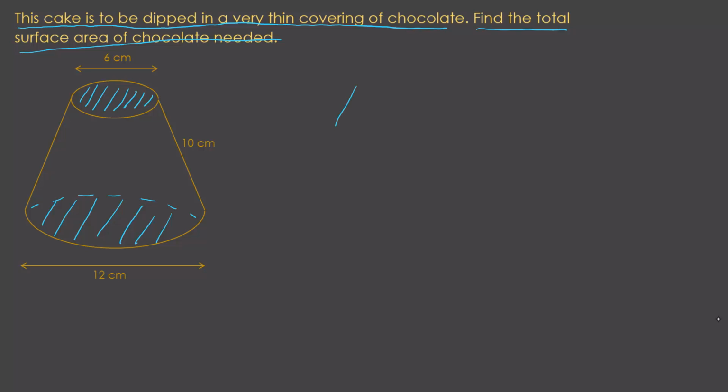However, if we just look at a 2D perspective of the side, actually I'm just going to start my diagram a little bit further down the page. So if we look at it from the side, like so, now imagine that it is a full cone.